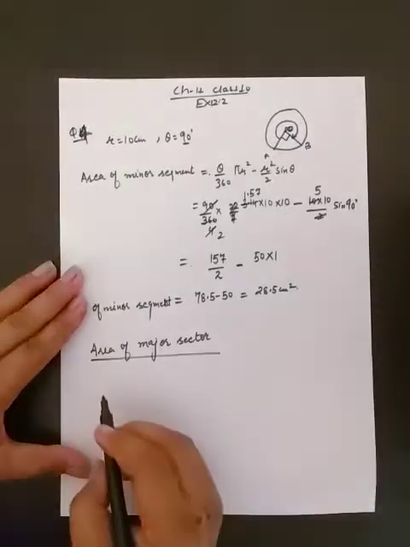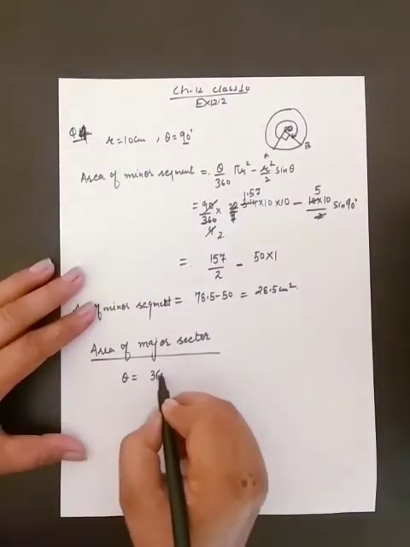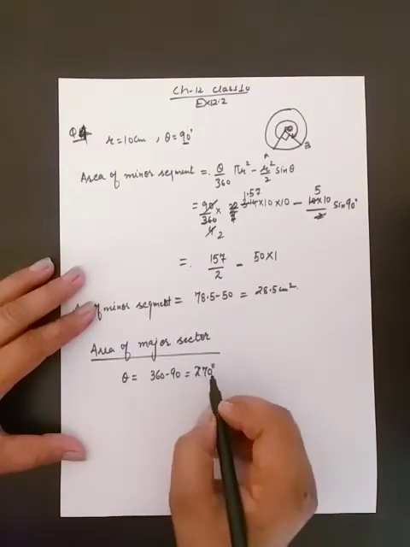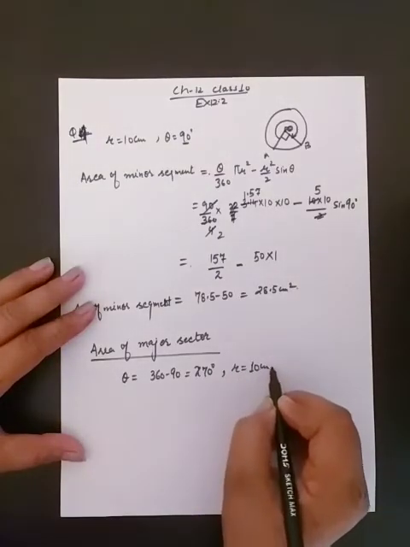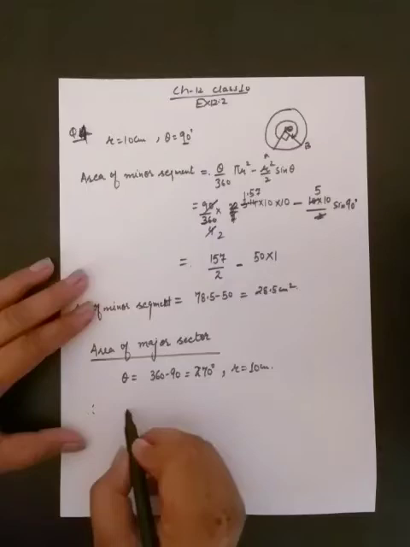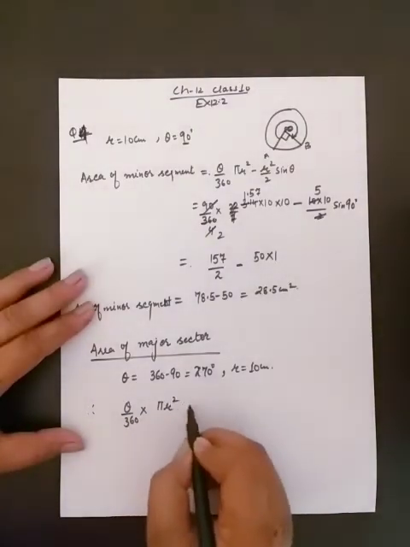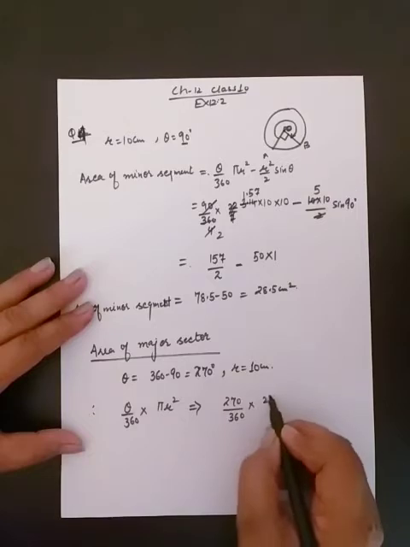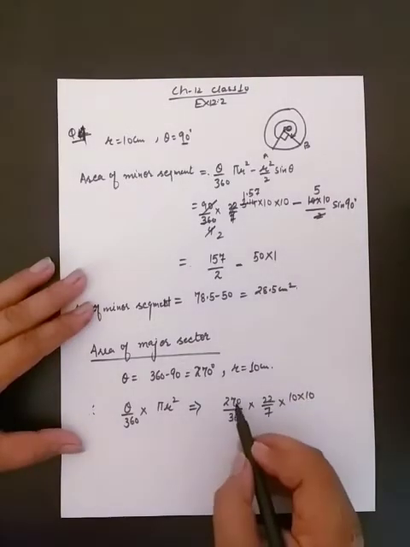So to find the area of major sector, theta will be equal to 360 minus 90. That means we have to take the angle as 270 degree and radius again 10 centimeter. There will be no change in radius. So therefore it will be theta upon 360 into pi r square, and this will be 270 by 360 into 22 upon 7 into 10 into 10.